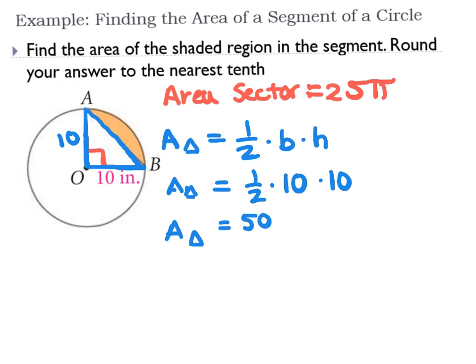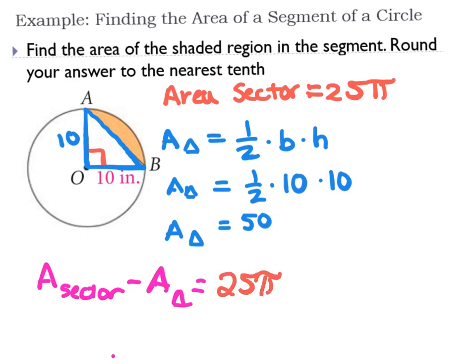Now the last part of our calculation is going to be the area of the sector minus the area of the triangle. So in this case, the area of the sector is 25 pi minus 50, and the question asks us to round our answer to the nearest tenth.